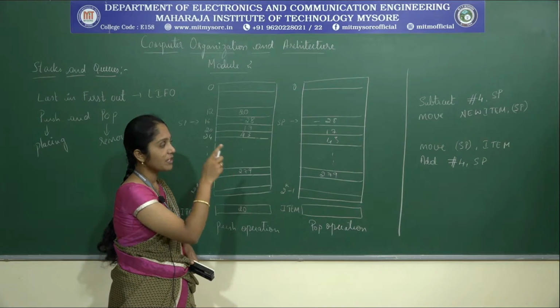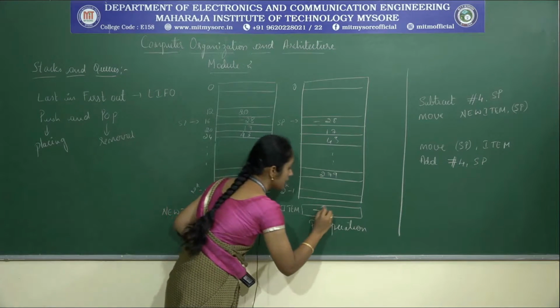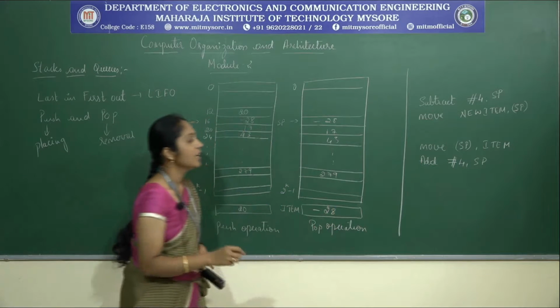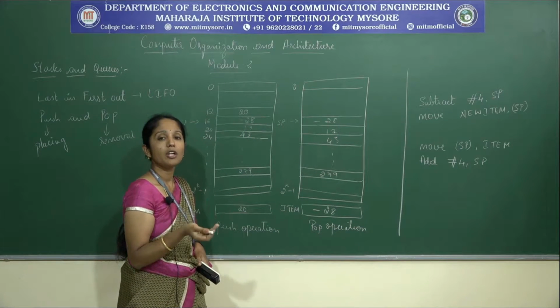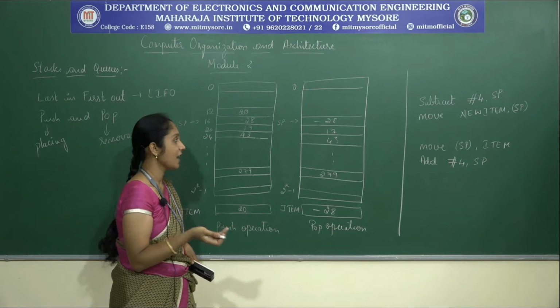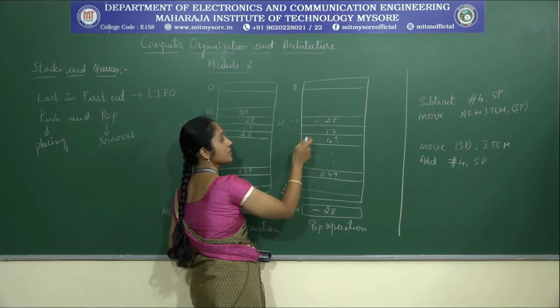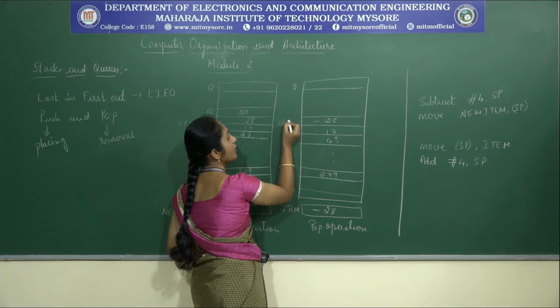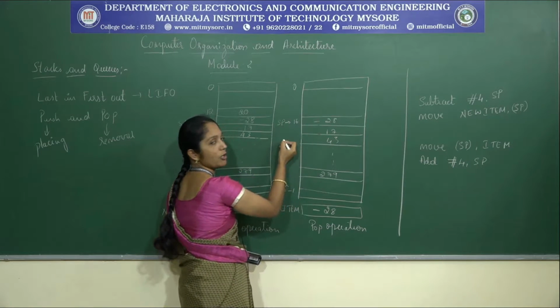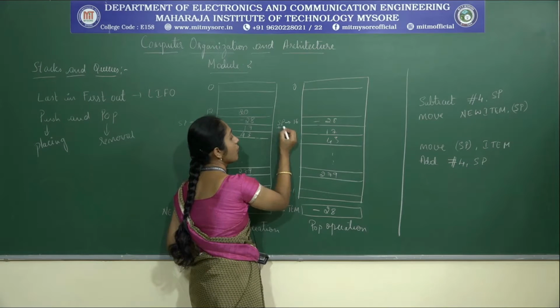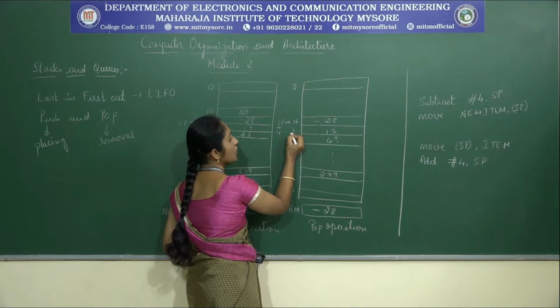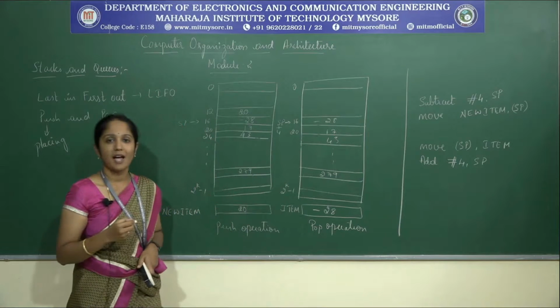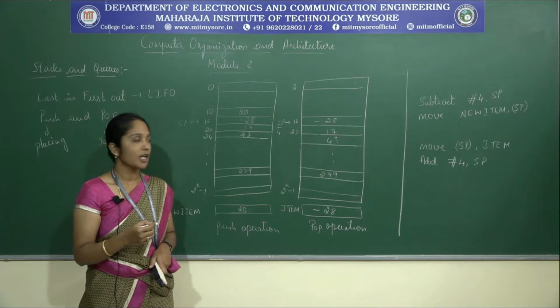We have to copy that -28 into this memory location, and then point to the next top of the stack. If this is the top of the stack, the next top is this one. Here we have an address of 16. In order to point to the next top of the stack, 4 must be added so that it goes to the next top of the stack, that is 20.